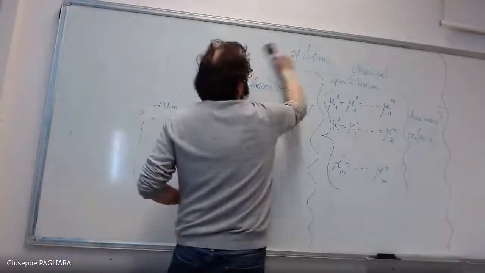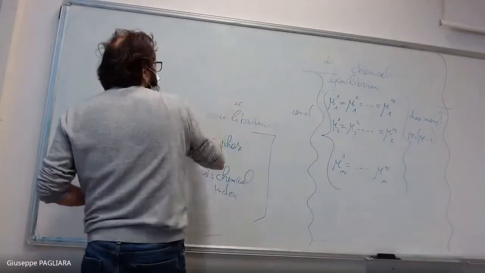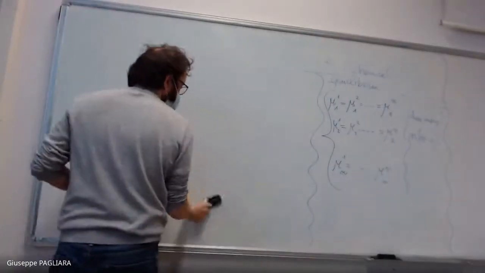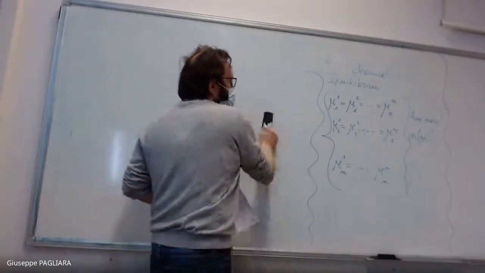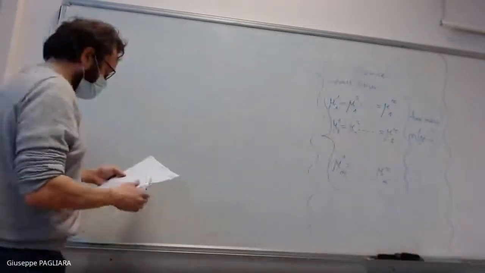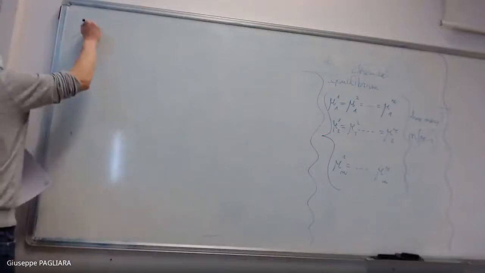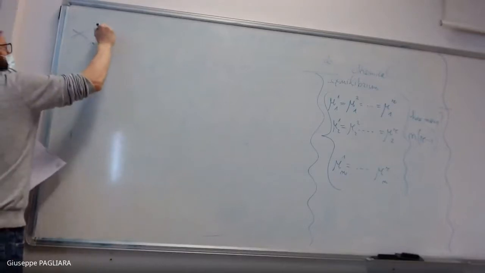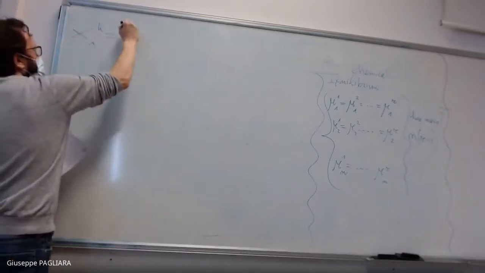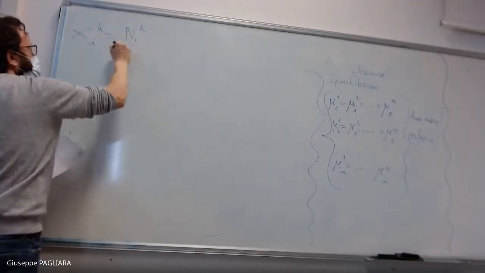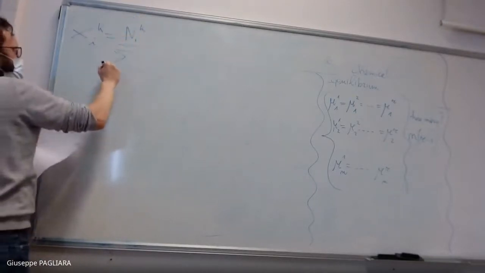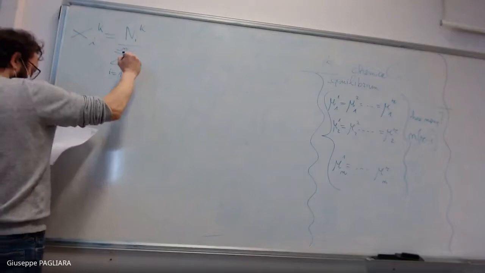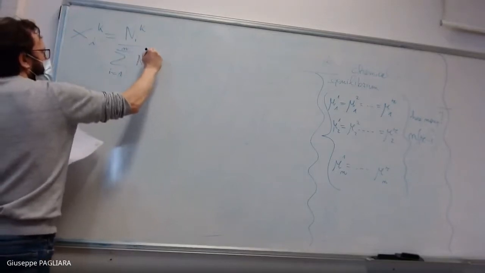So those are the equations that we can use in order to reduce the number of free independent variables. Now let's count the number of independent variables. Suppose that we introduce this quantity x_i^k equal to n_i^k divided by the sum over i from 1 to n of n_i^k.